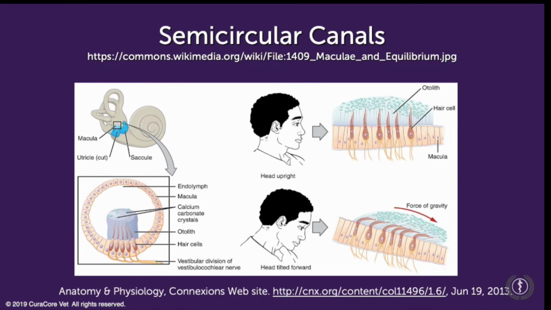When there's tilting of the head, those crystals swoosh over that gelatinous material and cause mechanical deformation of those hair cells and send signals to the brain and nervous system, again, to help with equilibrium and balance. And this anatomy here will be interesting to keep in mind in a moment when we talk about some possible causes of idiopathic geriatric vestibular disorders.